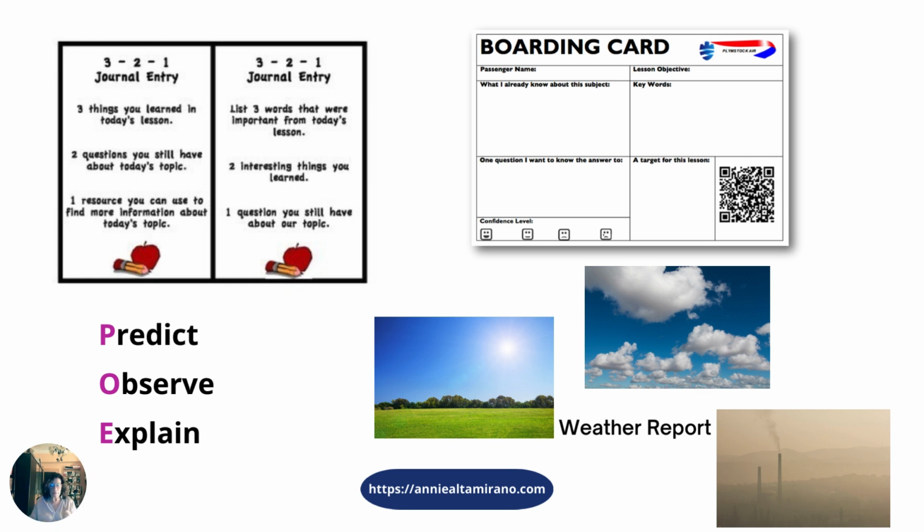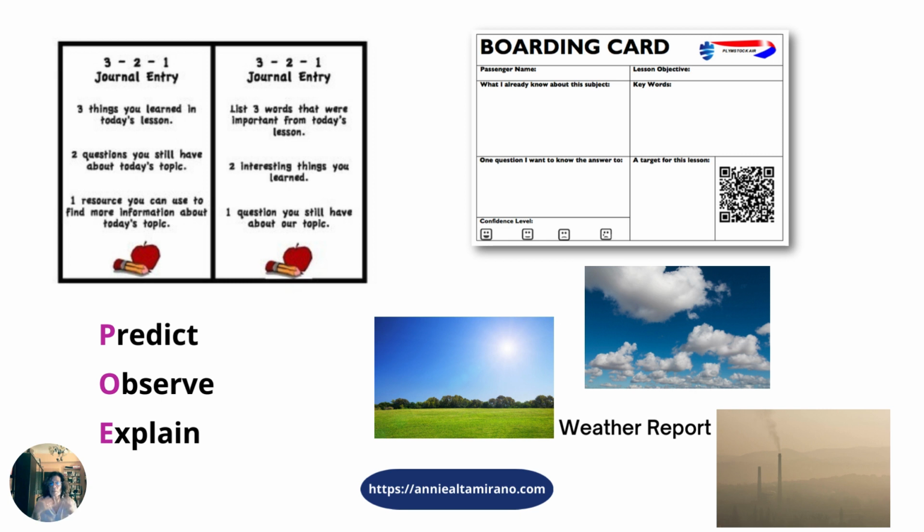Then you have 3, 2, 1 cards. This is a kind of exit ticket, exit card, in which a student responds to questions or to prompts that ask for 3 responses, then 2, then 1. It can be, for example, 3 things that you learned in today's lesson, 2 questions you still have about the topic, and 1 resource that they can use to find more information about today's topic.